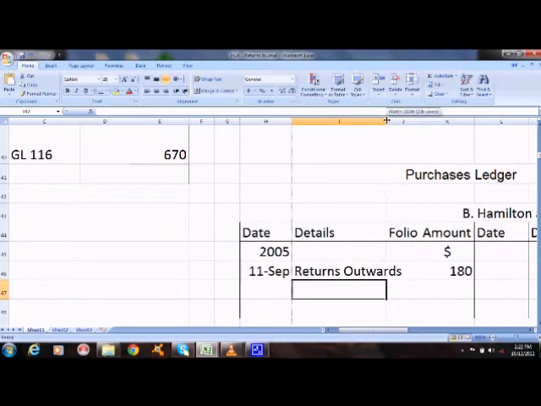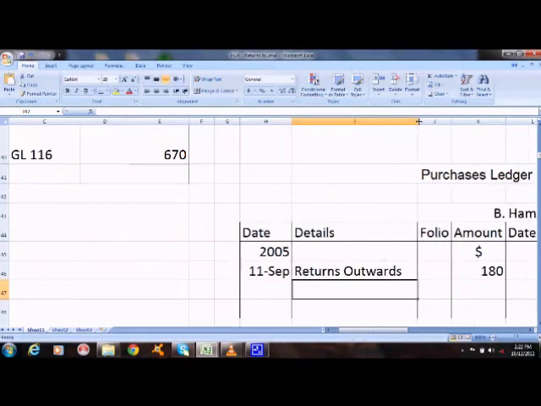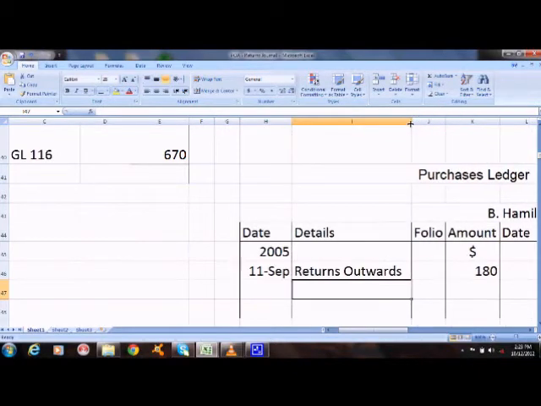What on the folio column? We write RO7, because this is coming from page 7 of the returns journal. This folio is like a reference number, so we can refer back to page 7 of the returns outwards journal. That's what this is basically saying.